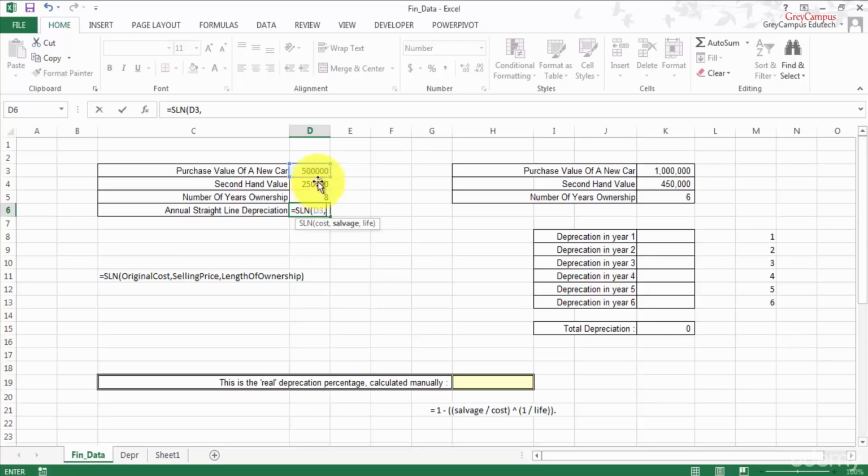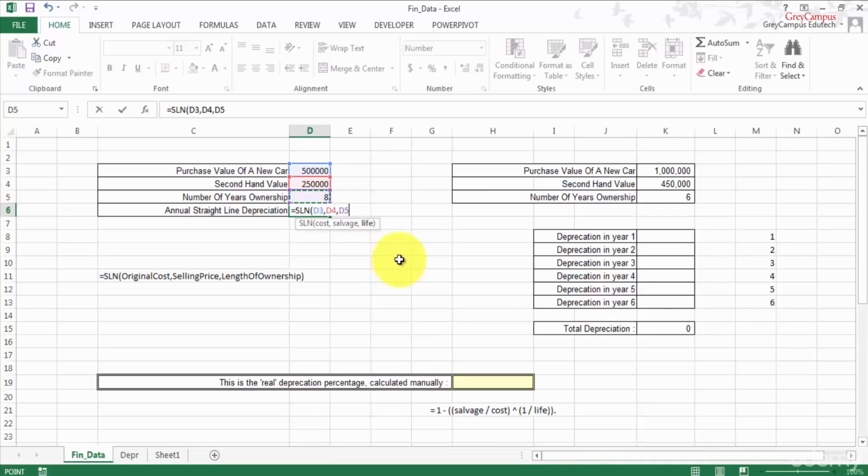So this is the cost of the original car when I purchased the new car, and the salvage value is this. After 8 years, the market value of such a car is around 2,50,000. And what was the life? I check it like this.